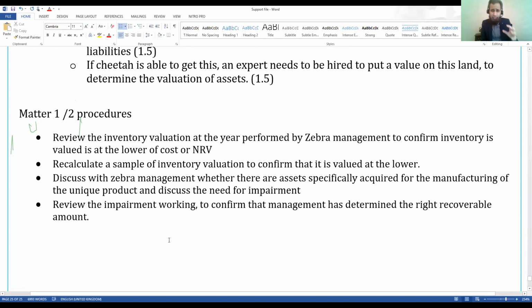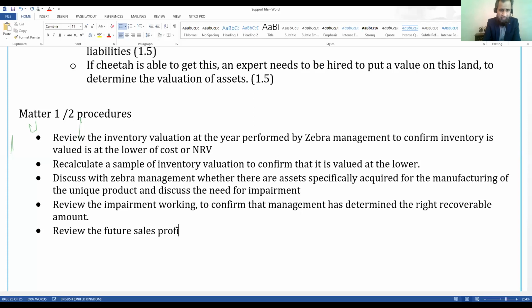So a couple of procedures can be performed on the inventory valuations and on the impairment. We can also review the future operating profit forecast.